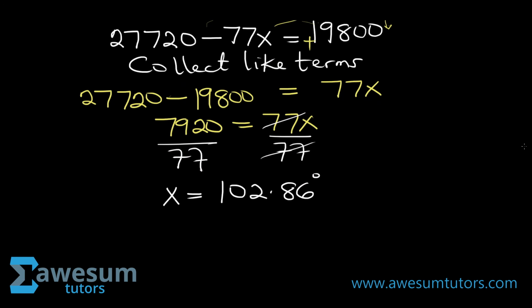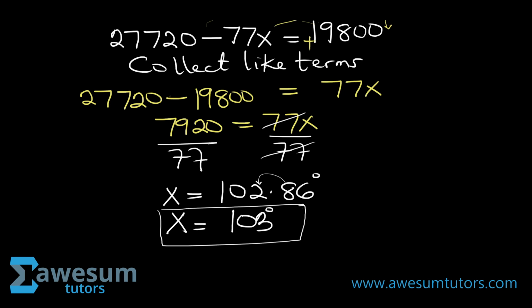That means we need to approximate, right? So 102.86 can be approximated to 103 degrees. That is your final answer.